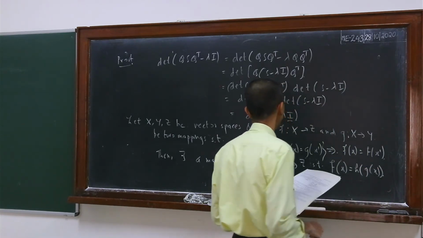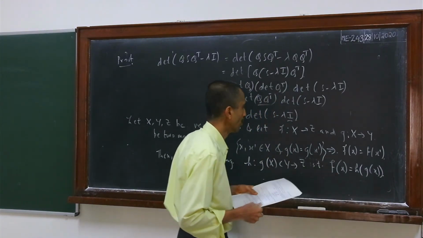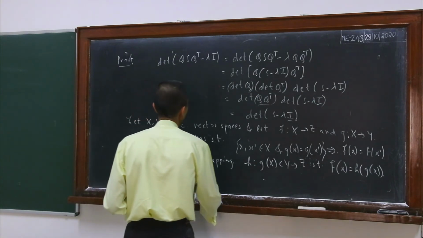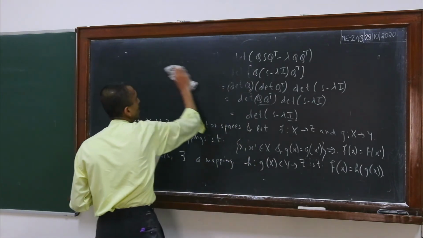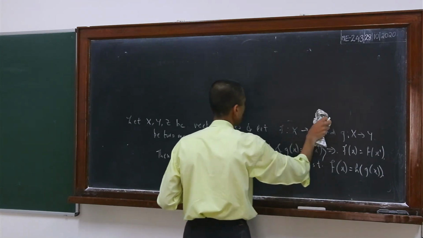So there exists this mapping h such that f of x is equal to h of g of x. Now this may look a little bit complicated, so we will try to draw a figure to show what exactly this theorem is.